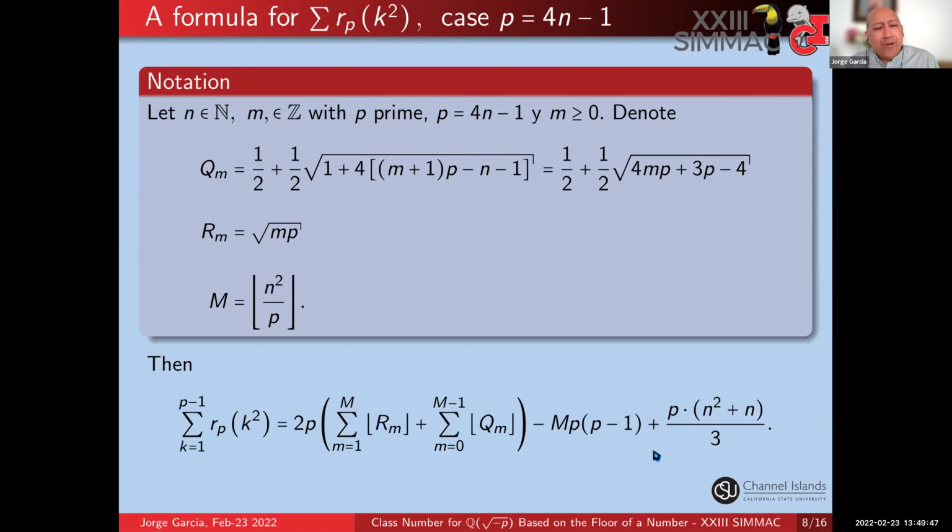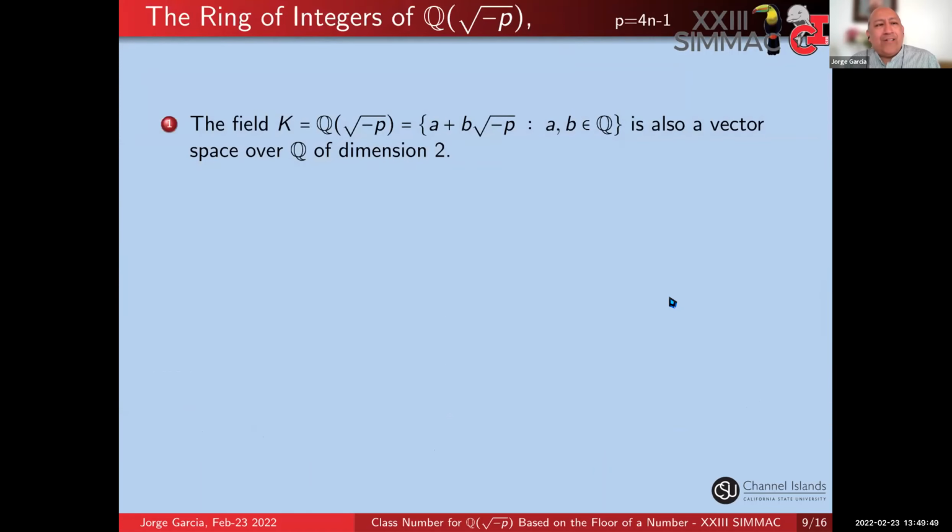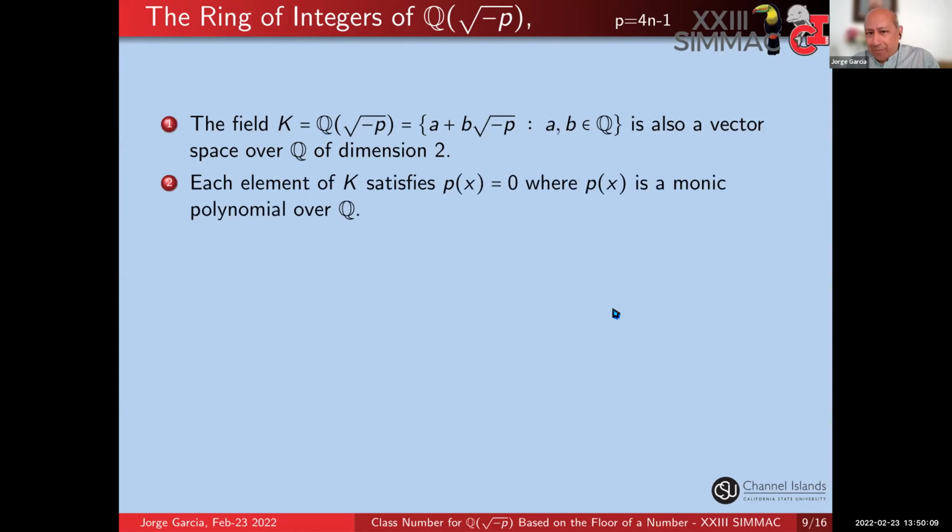It's something. All right, let's take a look at something called the ring of integers. This talk is about the class number, and to be honest with you, I didn't know what the class number was until I found these quadratic residues. So let me start by defining what the ring of integers is. It is built from this quadratic field, which is a vector space over the rationals, and it has dimension 2.